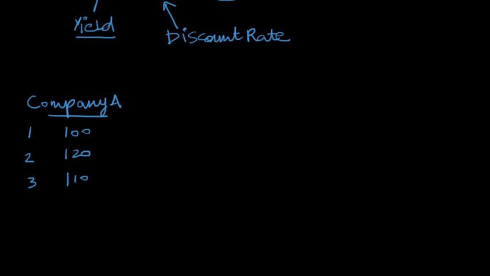So this is the amount of cash that the company generates every year, right? And in year 4 it generates 140 rupees, and in year 5 it generates 170 rupees. Now how do you calculate the value of the cash that the company is going to generate, because the cash belongs to you, the investor?